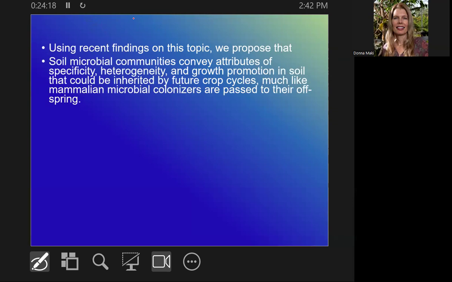They're saying, if you look at the microbial communities that are in the soil and study them over multiple crop cycles, they seem to have some of the same properties as what we see when you think about the human microbiome, like when a baby is born, the baby will get colonized primarily first by the mom, and all the microbes get transferred from the mom, but then you get other family members.